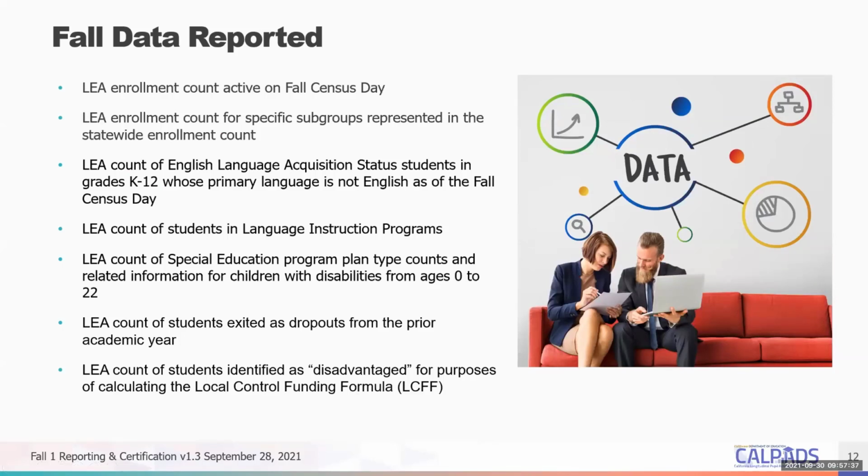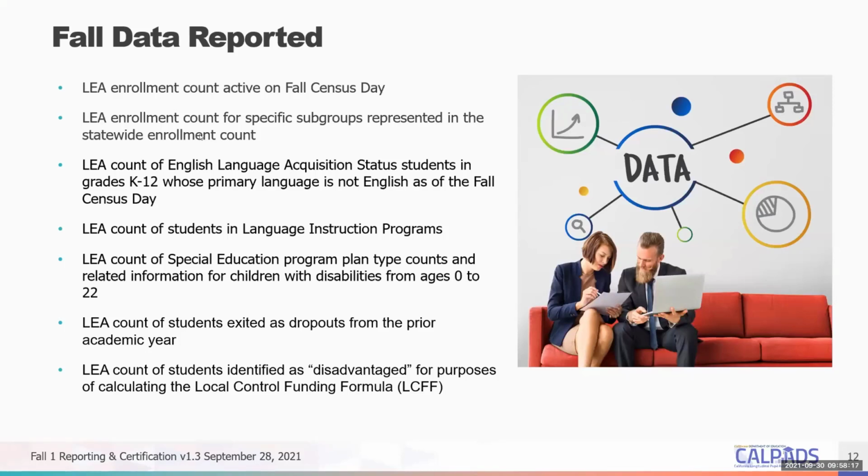I think the last slide I'm going to have for you right now is the fall data reported. This is just a quick summary of the data reported. I'm pausing because there's a great opportunity for me to pull up a document. For Fall-1, one of the key things is always your annual enrollment count. This is your active enrollments as of October 6th.